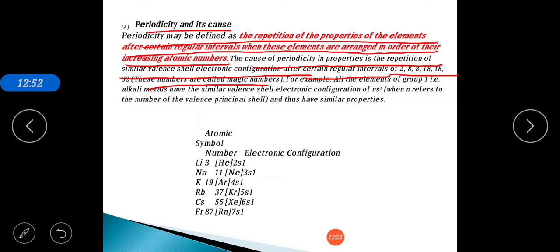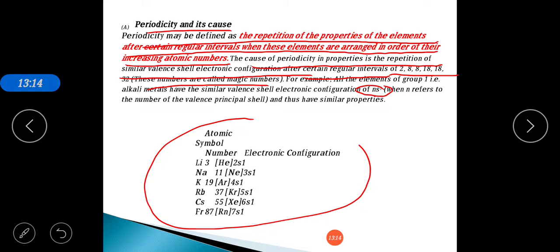For example, all elements of group 1, the alkali metals, have a similar valence shell electronic configuration of ns1, where n refers to the number of the valence principal shell, and thus have similar properties. You can see the alkali metals' electronic configuration. You will find there is a single electron in the outermost shell.